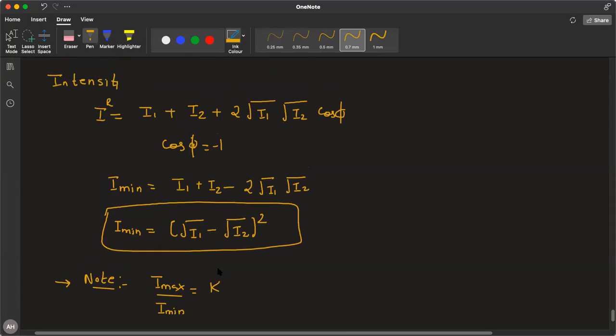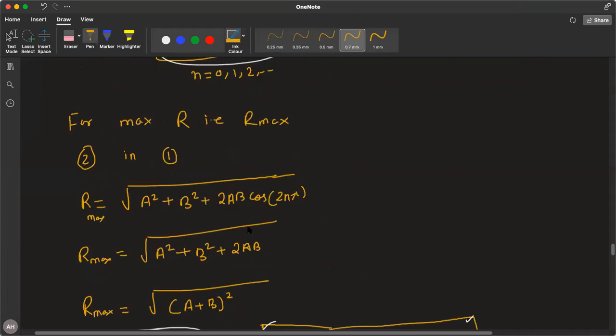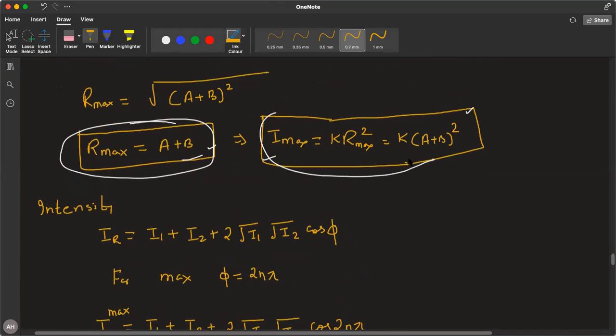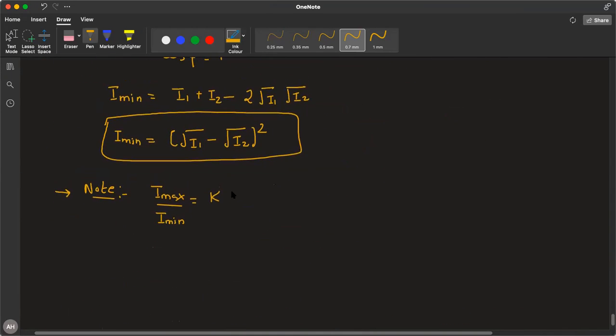I max was k times a plus b whole square, and I minimum is k times a minus b whole square. So k will cancel.